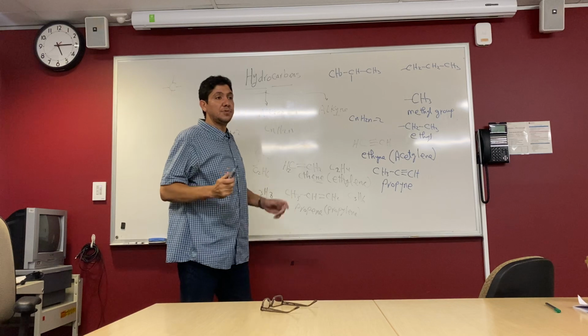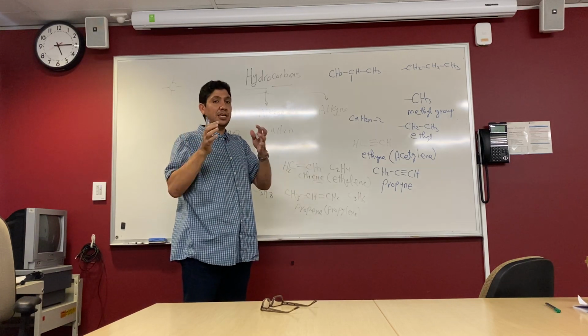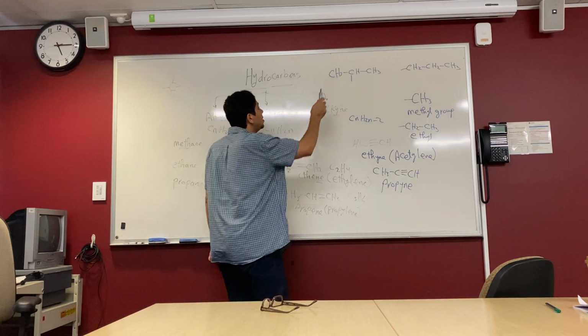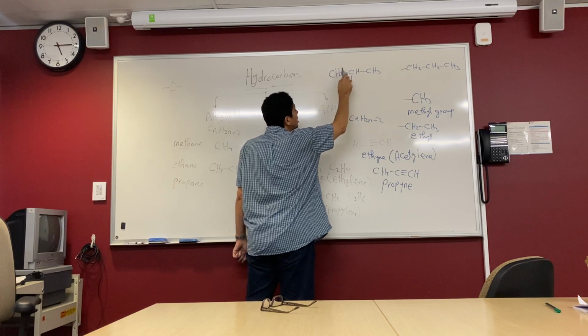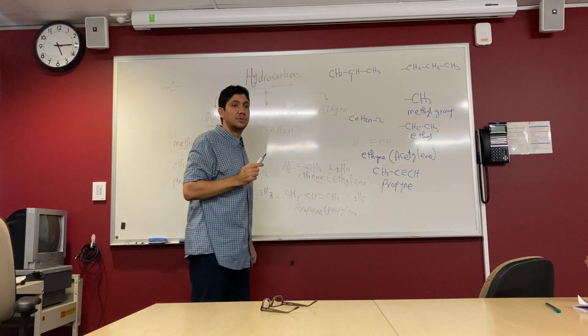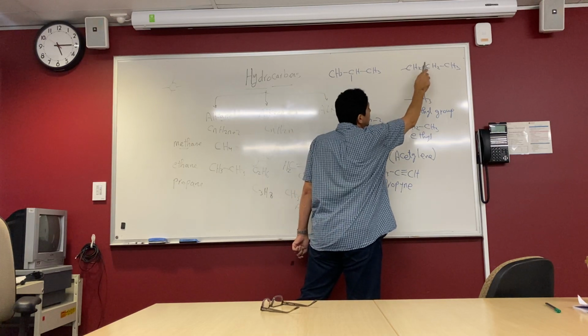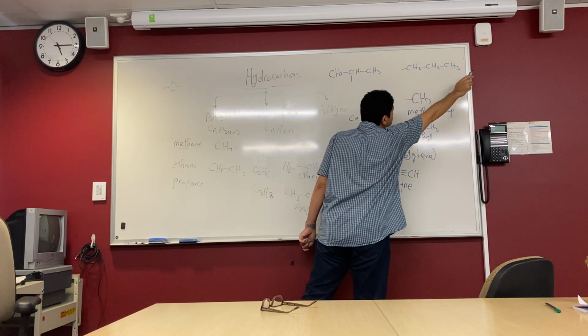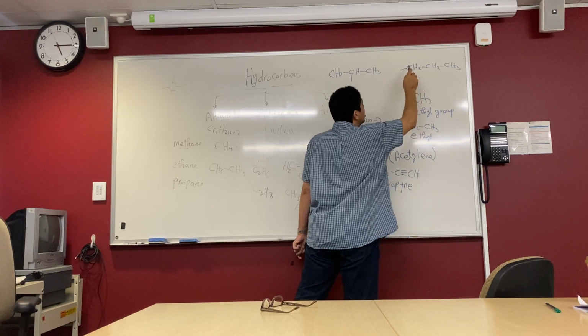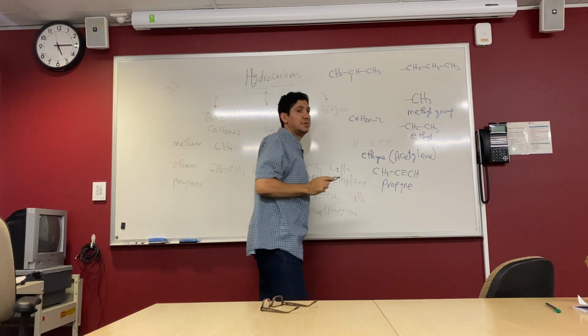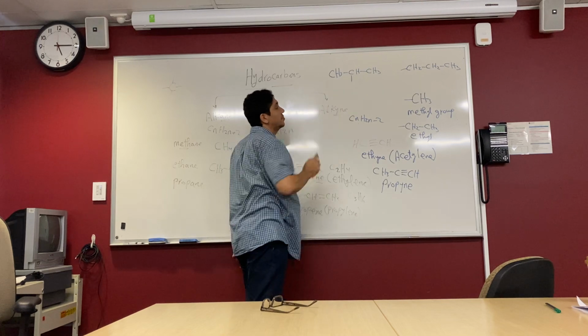The type of carbon depends on how many carbon attached to it directly. So how many carbon attached to this? 2. So this is a secondary carbon. But this carbon, how many carbon attached to it? Only 1, directly 1. Don't count all of the carbon, just directly 1 carbon. So this is primary carbon, and this is secondary carbon.